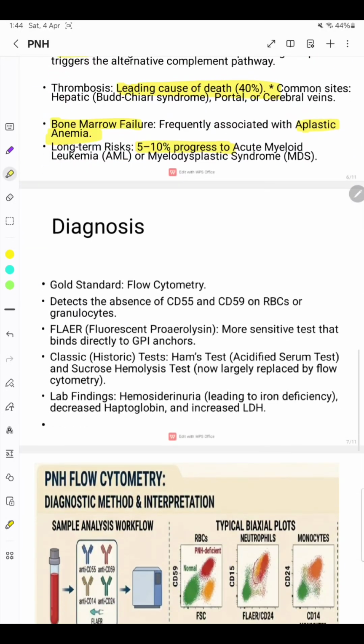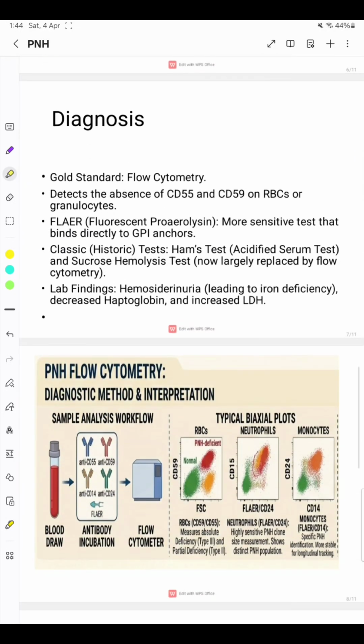How to diagnose PNH or paroxysmal nocturnal hemoglobinuria? The gold standard for diagnosis is flow cytometry. They detect the absence of CD55 and CD59 on the RBC or granulocyte.